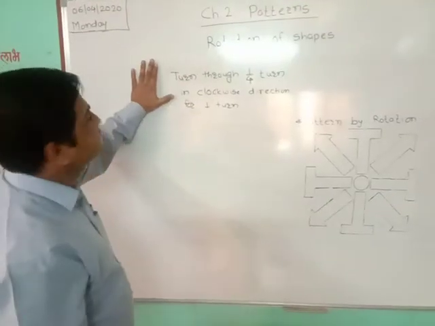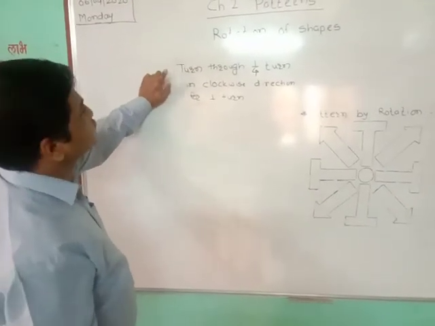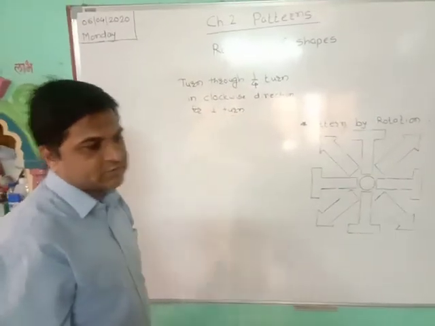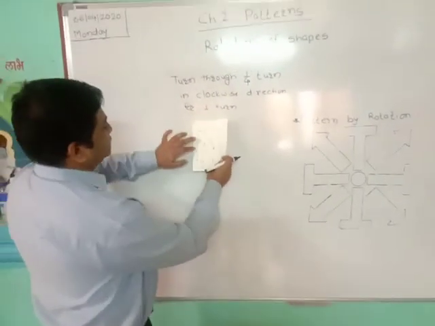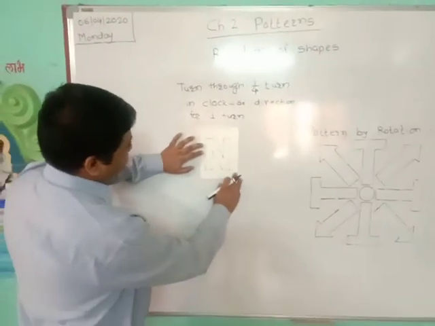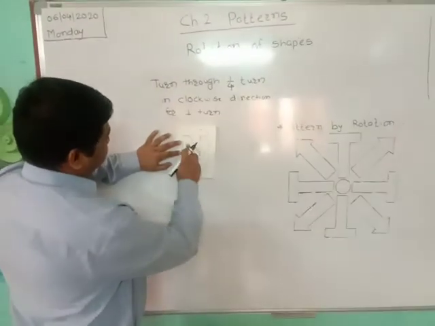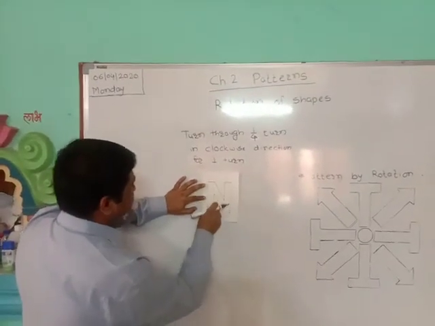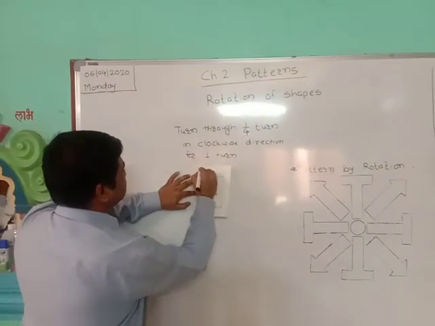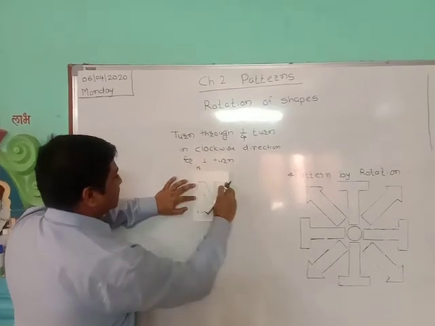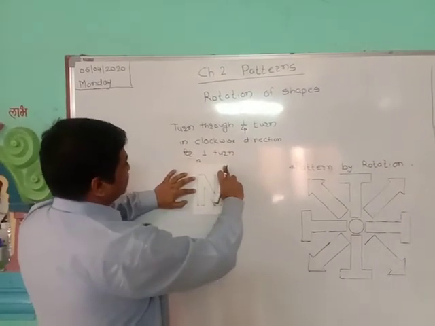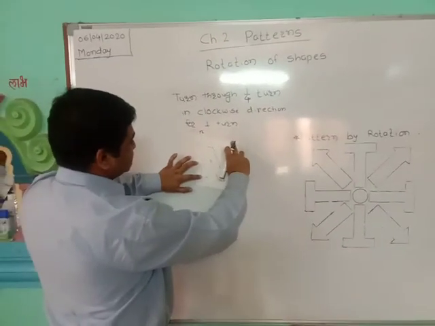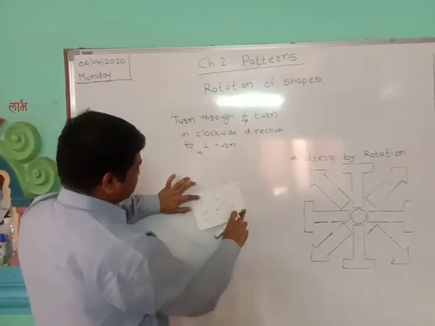Now again, the next question is to turn through 1/4 of a turn in clockwise direction for one turn. Now we have the next alphabet as N. First we are taking the reference point here, and this is our reference line, which is pointing towards 12. Now when it is said 1/4 of a turn, it means from 12 to 3, that is 90 degrees. So I am turning it from 12 to 3.